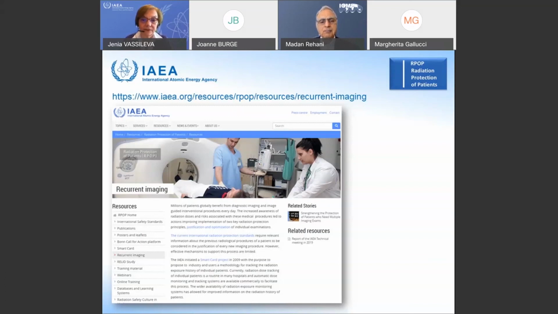Yeah, even more, there are different approaches using virtual phantoms adapted to the patient body size that allow for calculation of patient-specific organ dose, and from these estimate patient-specific effective dose.